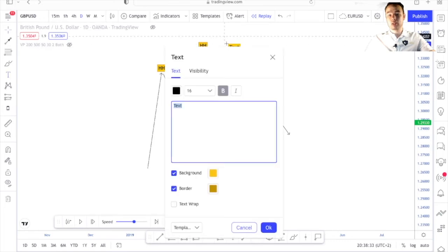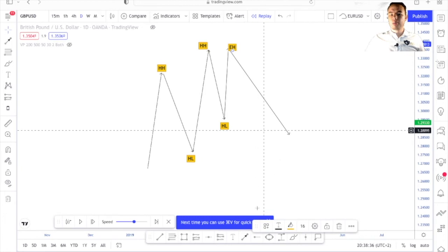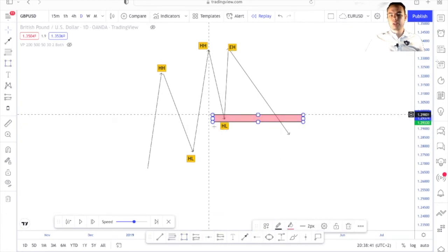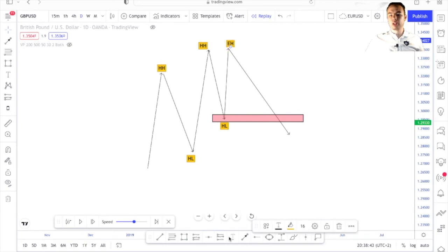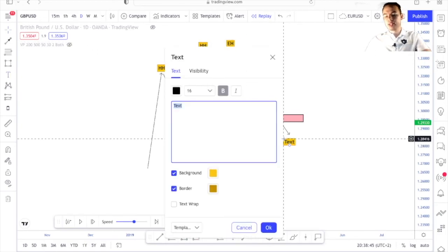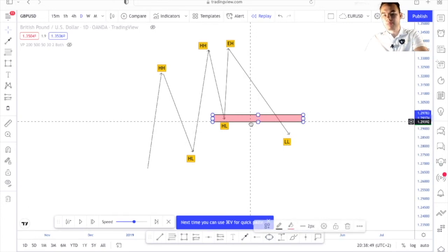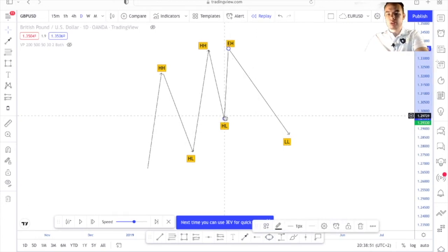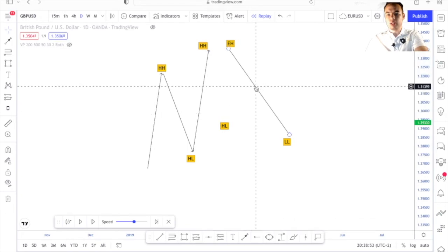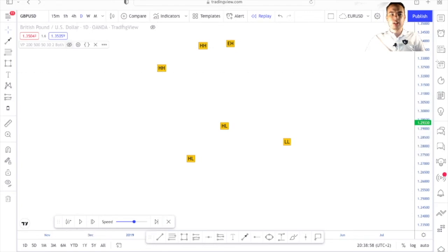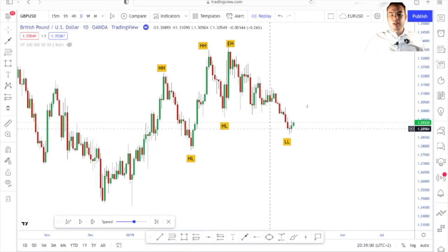Okay, potential double top. Price breaks below this high low, so forms the lower low, indicating a downward move. Okay, so now, indicating a downward move, let me just remove these, put this back on.